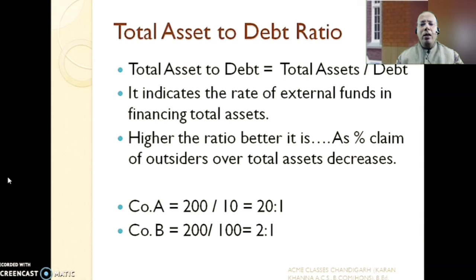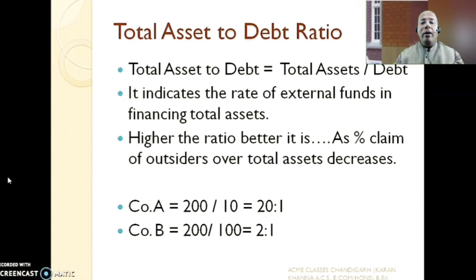If we just compare the numerator and denominator, we see that the rate of external funds in financing total assets in case of company A is less. It means the claim of outsiders over the assets of the business in case of company A is smaller and in case of company B is much more. That means 50% of the assets of company B are claimed by outsiders.